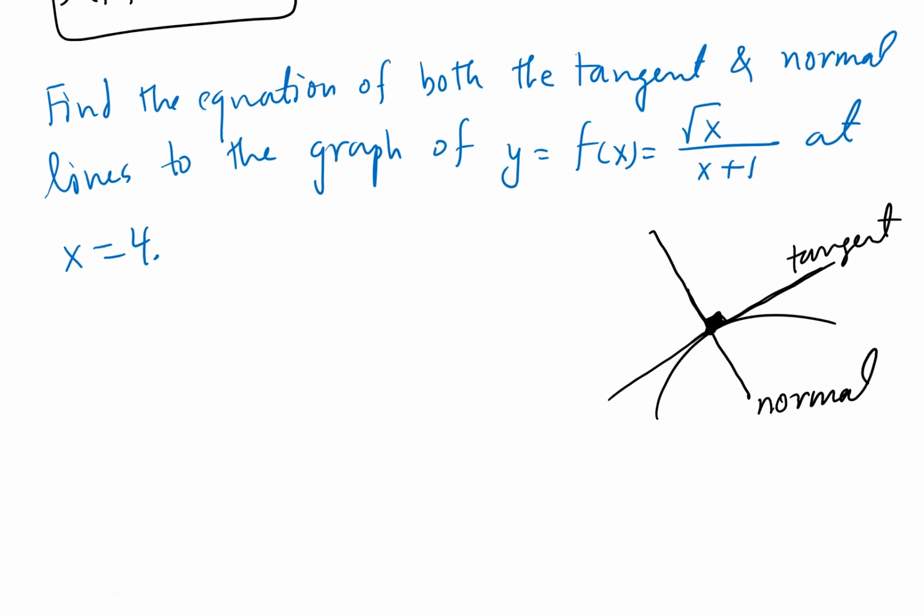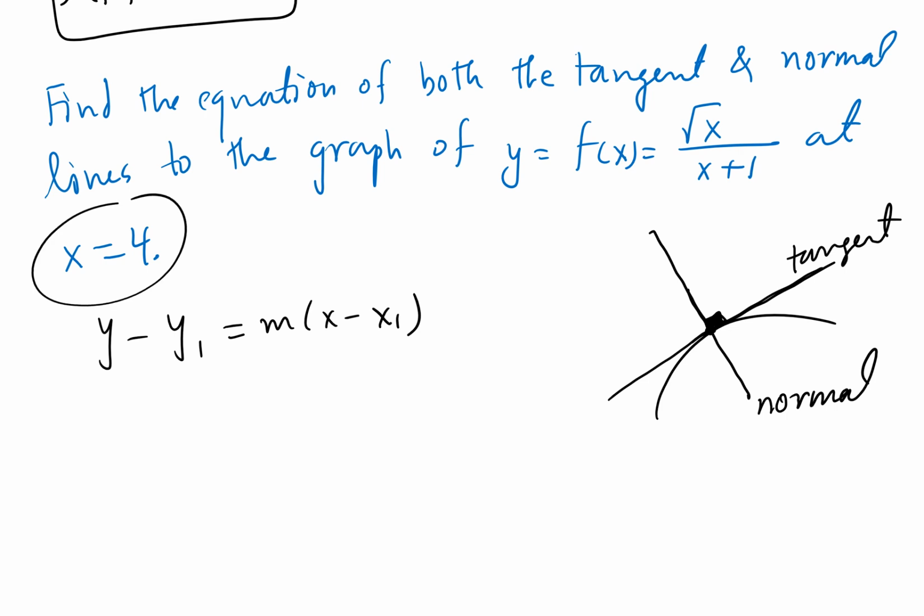Okay, so to find the equation of a tangent line, what do we need to do? The first thing we need to do is use y minus y1 equals m times x minus x1. I have only the x value of the point, so this goes here.